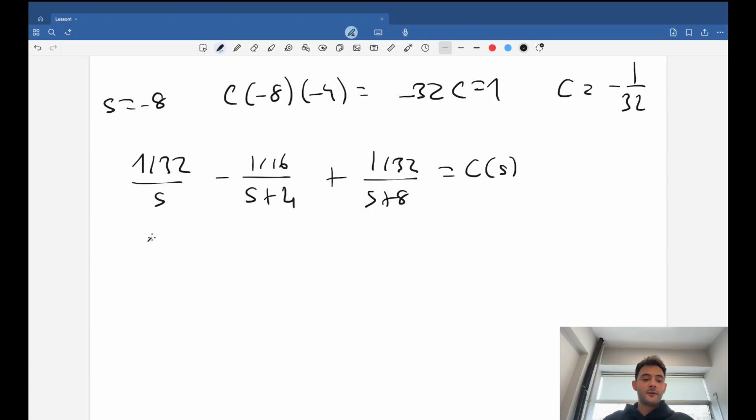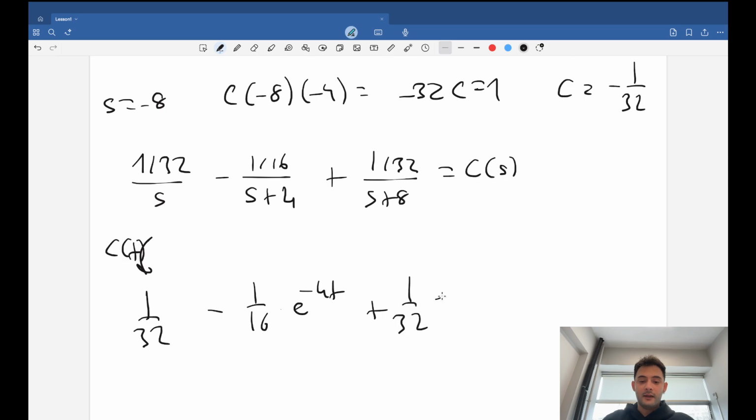And if we get to find our C(t) by applying inverse Laplace, as I told you, for the first part, if there's only s in the denominator, just write down 1 over 32. Minus, if there's s plus something or s minus something, it will be 1 over 16 times e to the power of minus 4t. And in the same manner, you will have e to the power of minus 8t.